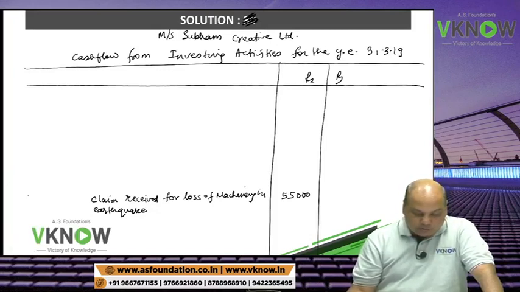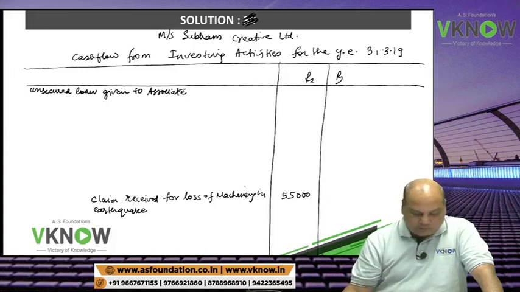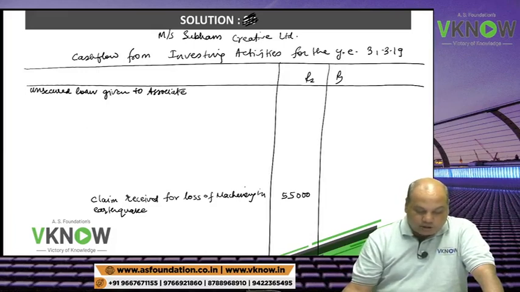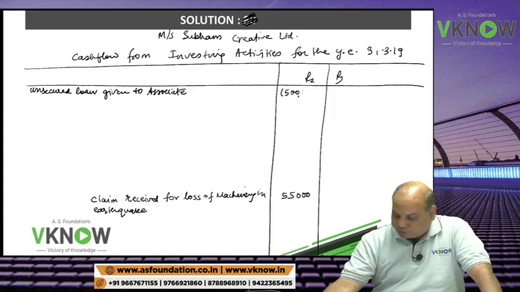Next line is unsecured loan given to associate. Unsecured loan given to associate is an investment activity, but loan taken will be a financing activity. So this will come in outflow.